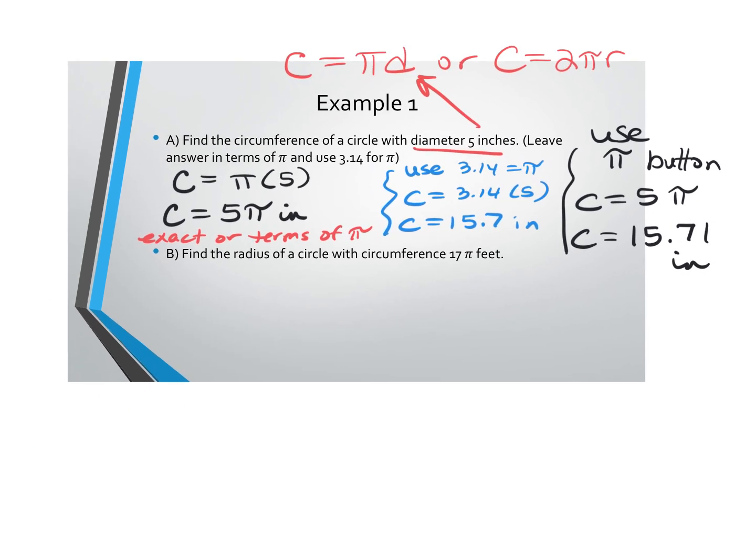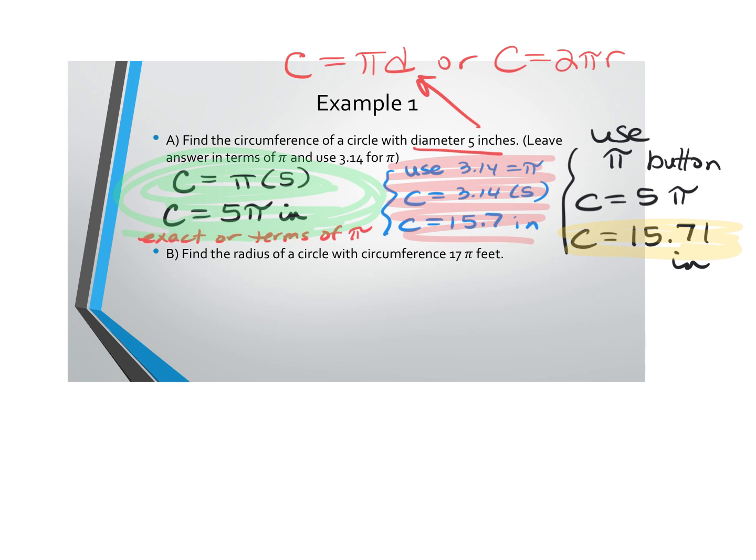But again, this would only be potentially on an SAT or the ACT. What we're doing in the homework is either we're going to leave it exact, which would be this, or using our pi button, which would have been that answer. Just read the instructions.